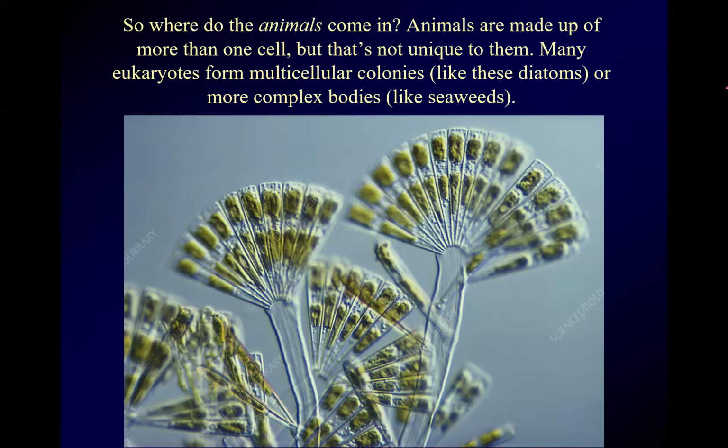But you can see they make fairly complex multicellular colonies. Other straminopiles can make even larger and more complicated bodies. I'm thinking of things like brown seaweeds, and those can get quite large and can get fairly complex. So it's not only multicellularity that's unique to animals.